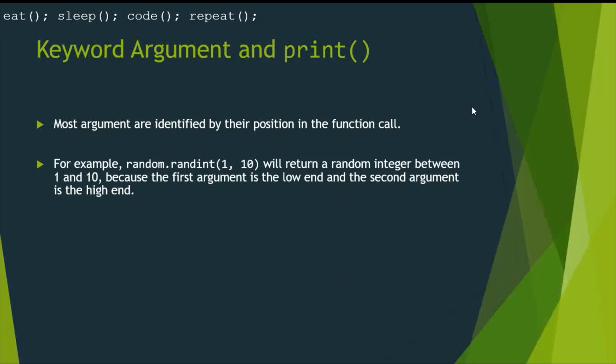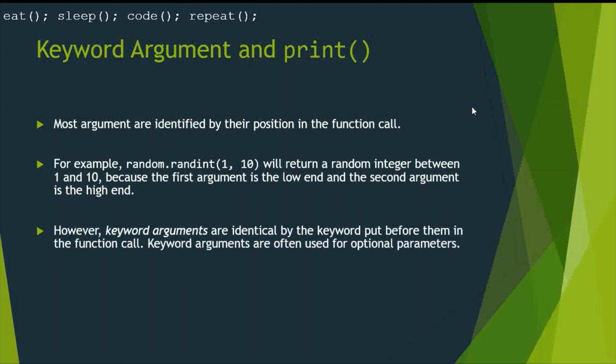If I switch those positions, then there will be an issue. However, keyword arguments are identified by the keyword you put forward. Sometimes they are also optional when the function is called.